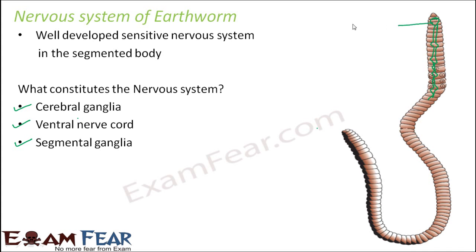This is the cerebral ganglia. This long cord which runs throughout the length of the body on the ventral side is known as the ventral nerve cord. And on the ventral nerve cord, for each segment you have a segmental ganglia. So this is pretty simple, the structure at least of the nervous system.